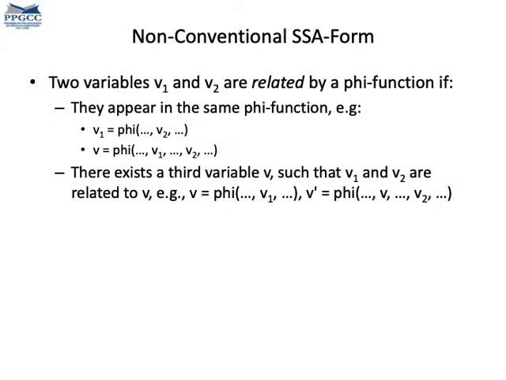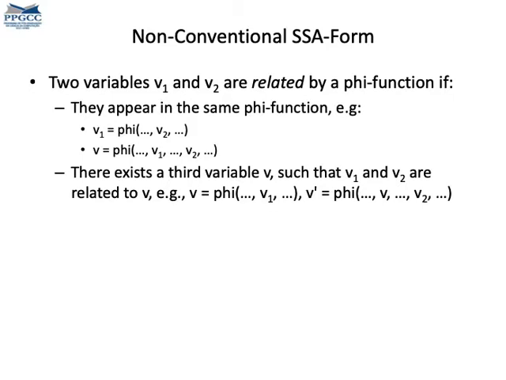To explain what it is, let me introduce a new notion, phi-related variables. Two variables are phi-related if they appear in the same phi function, either as arguments or if one of them is a definition. Additionally, two variables v1 and v2 are related if there is a variable v that's related to both.